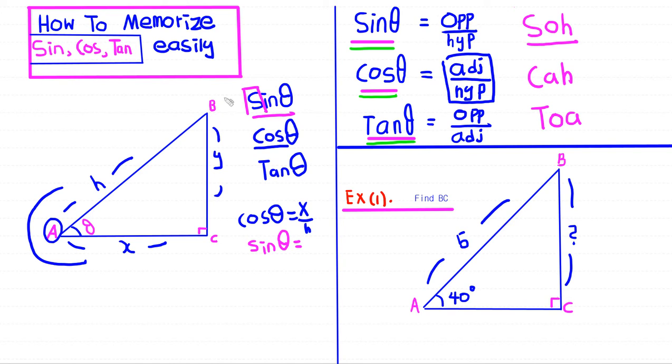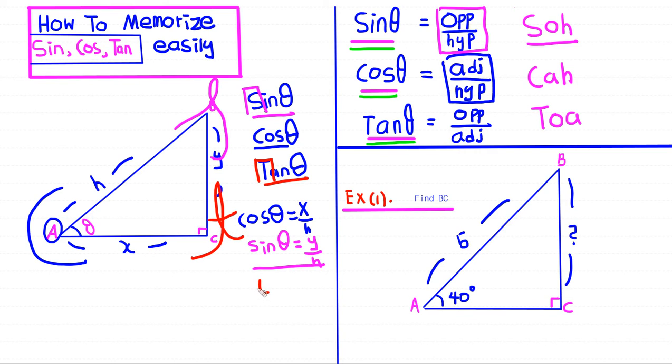So if we define this function, we write S in this way, which is equal to, in this case, Y over H. Y over H means Y is the opposite side and H is the hypotenuse. We're following these steps right now. And for the last one, tangent, we also use tangent's first letter, which is T right over here. And we write T in this way.